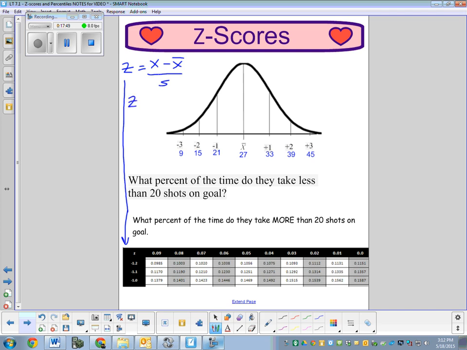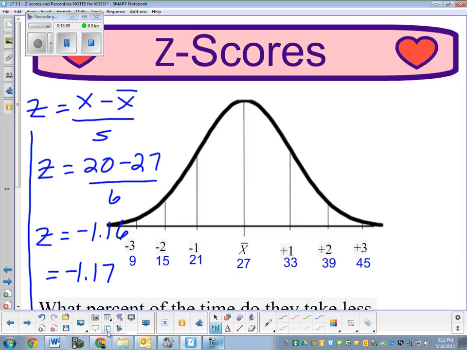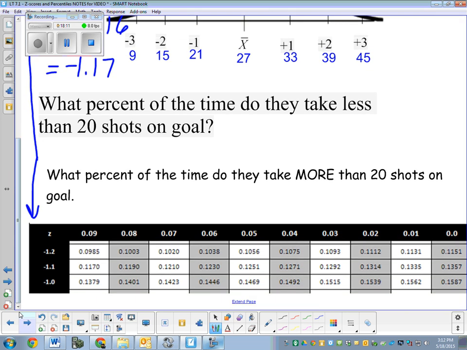So the z-score I get is 20 minus 27 divided by 6. It's a negative z-score of negative 1.16, which we can round also to negative 1.17. And when we come down to our z-table to look up negative 1.17, we get about 12.1%.